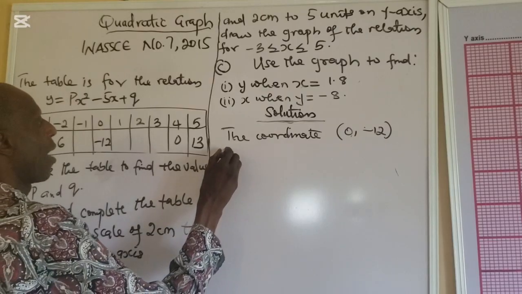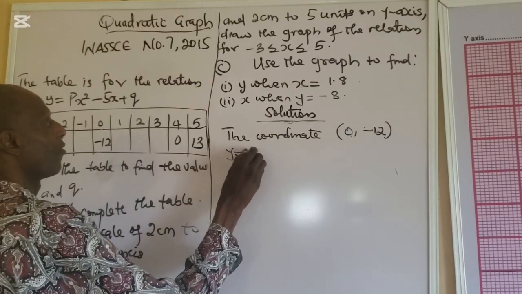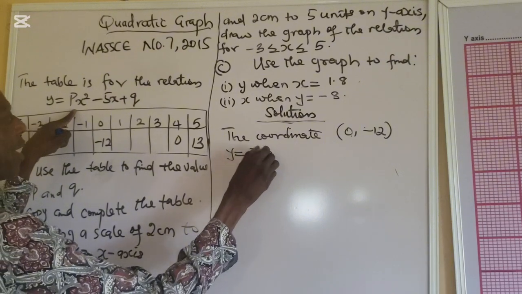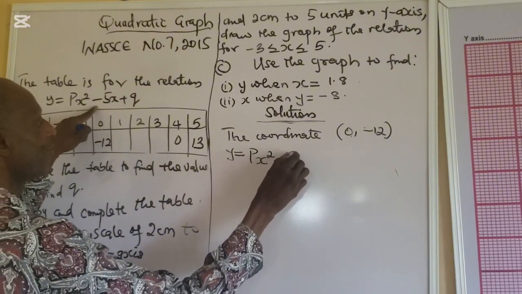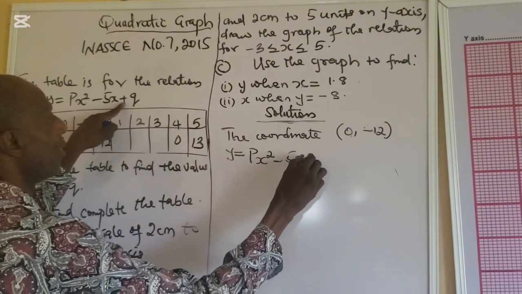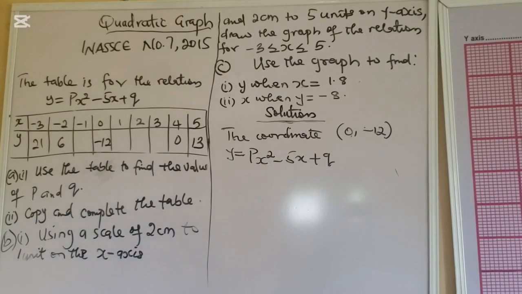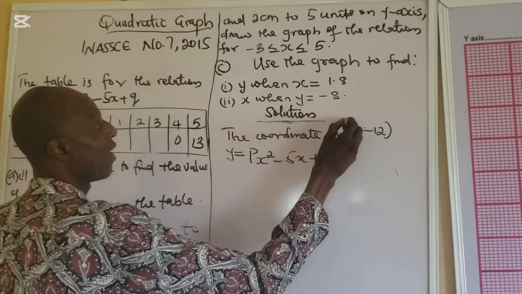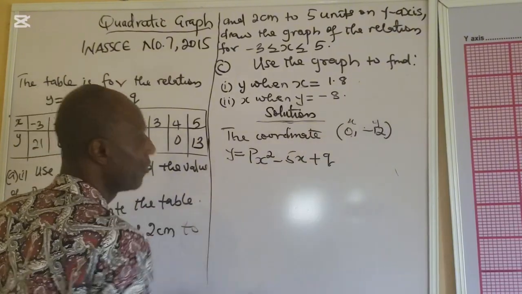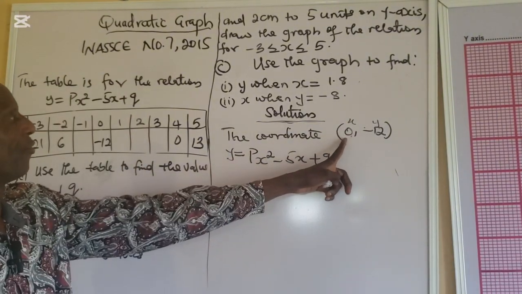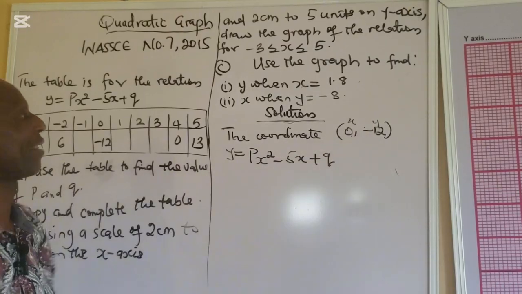And we are given y is equal to px squared minus 5x plus q. Right? That's what we are given. Now, anywhere I see x, I will put 0, and anywhere I see y, I will put minus 12.